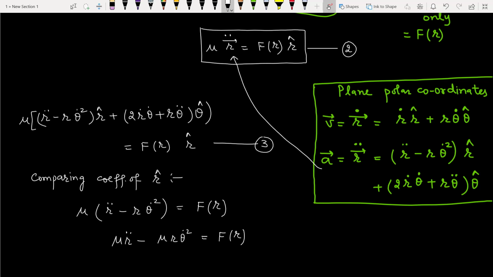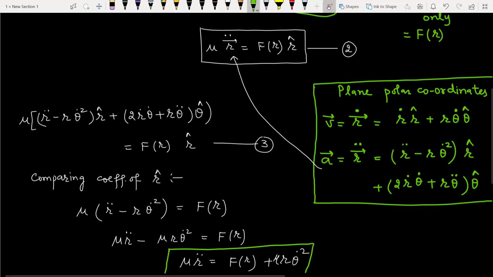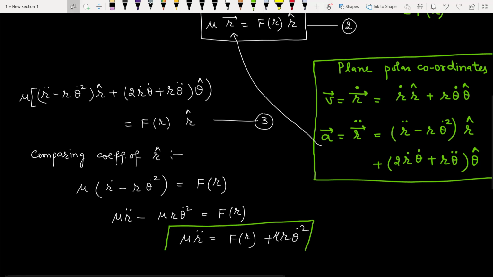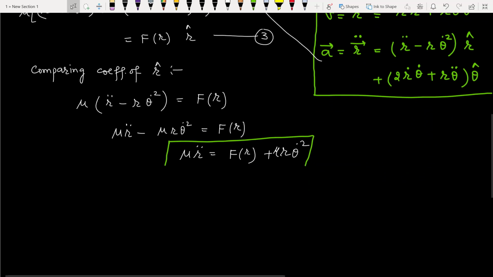We have opened the bracket. So mu r double dot is equal to fr plus mu r theta dot square. We mark this as equation number 3.